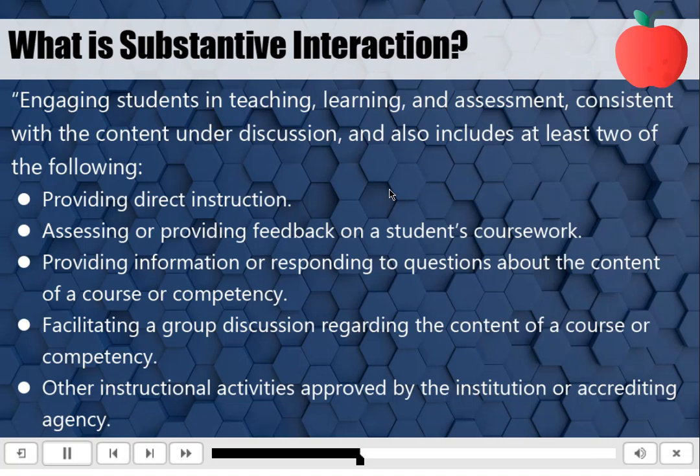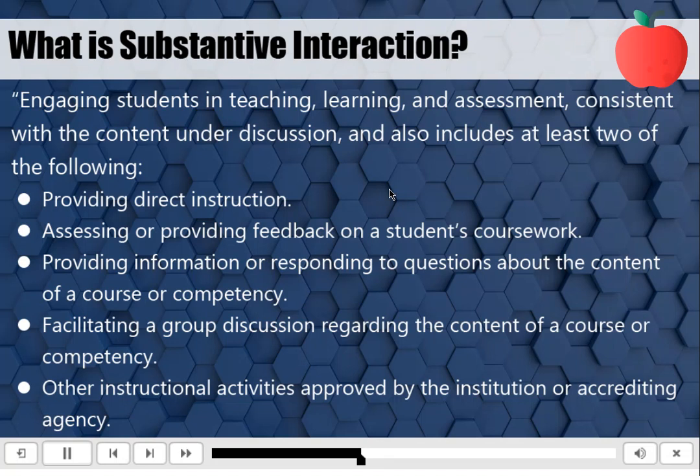Or other instructional activities approved by the institution or by the accrediting agency. So in that, you have direct instruction, you're providing feedback, you're providing information, you're responding to questions about the content, and you are facilitating a discussion about the content of the course.